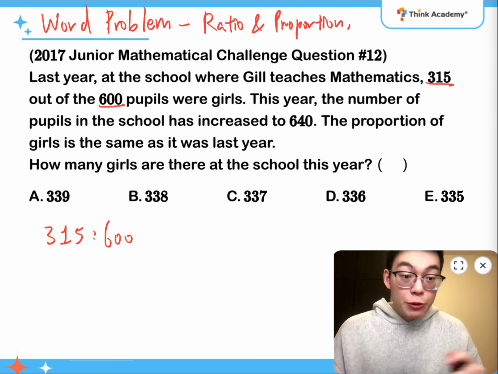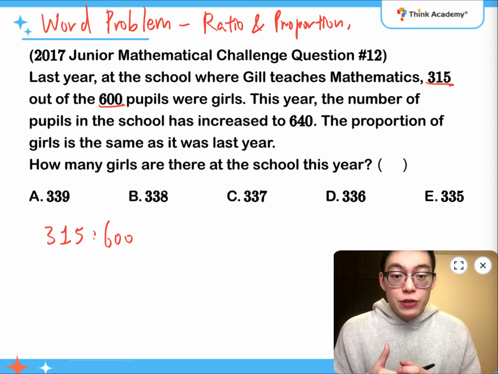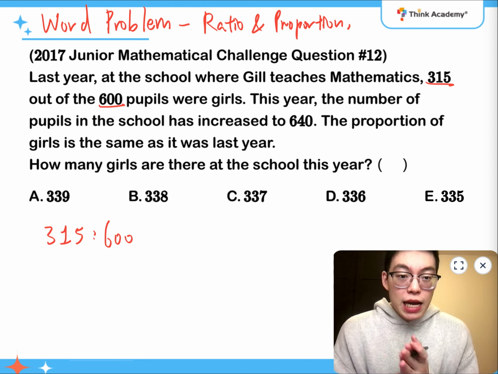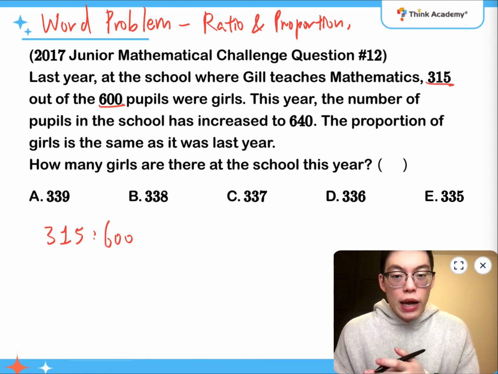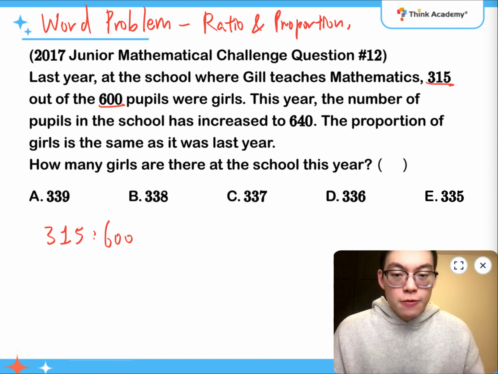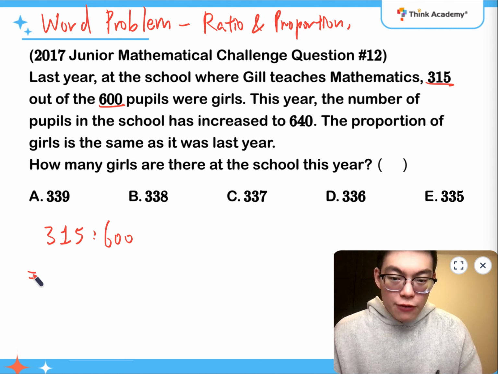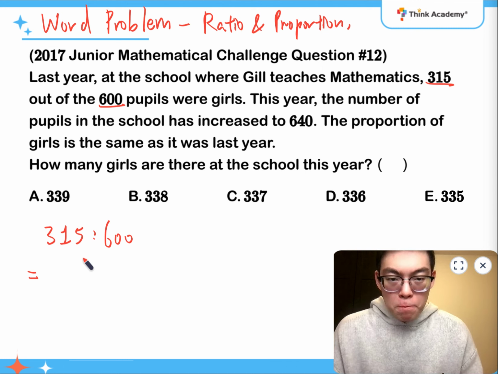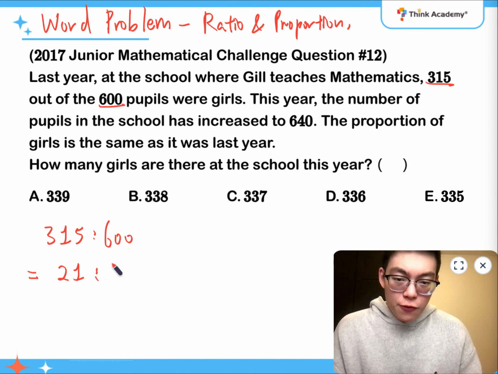So 600 represents the total, 315 represents the girls, and it says that the proportion is the same when the number of pupils increased. So what is that proportion if I want to simplify it? So we just divide both sides by 15, and we get 21 to 40.